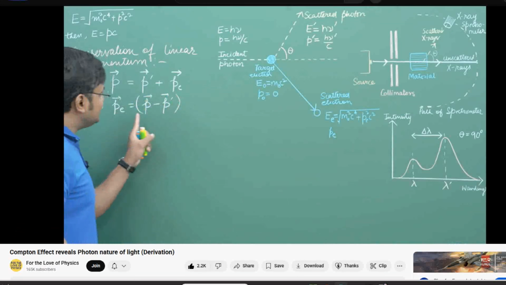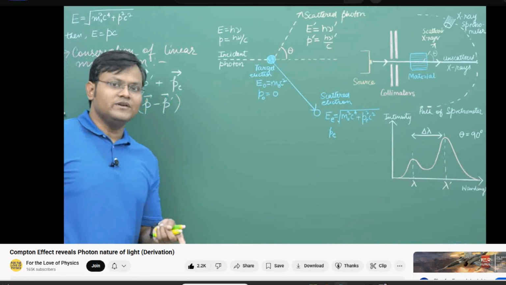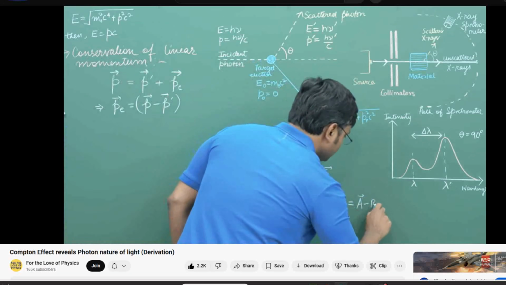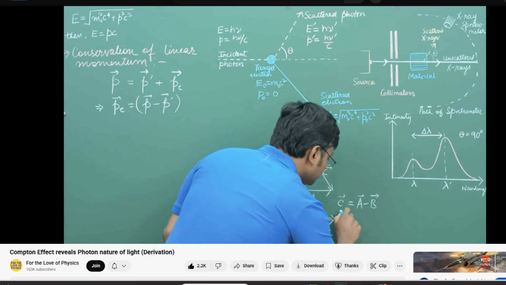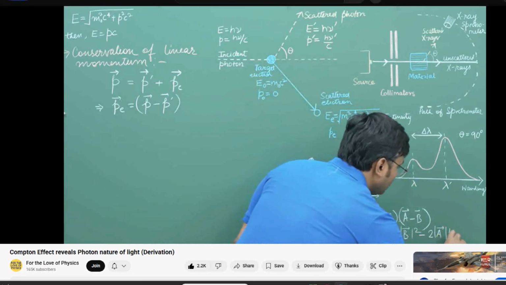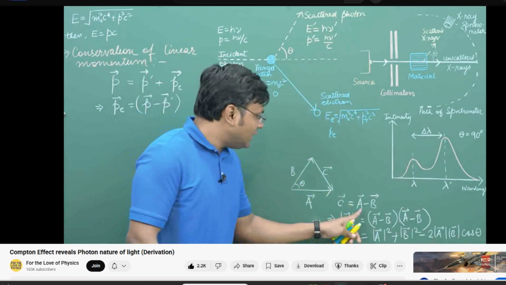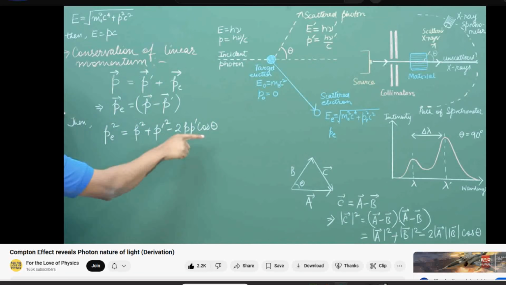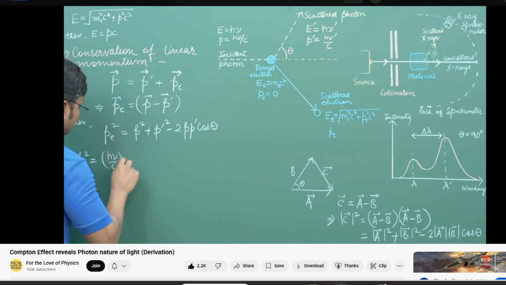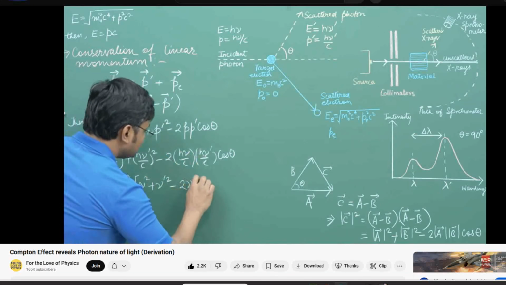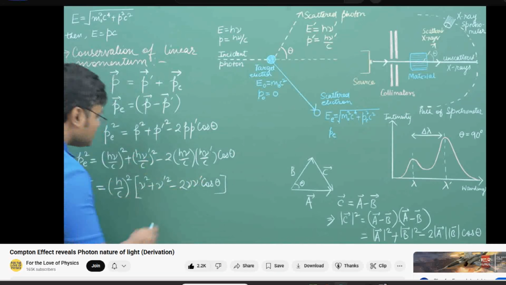Now, what is this? This is the difference between two vector quantities, P dash cos theta.